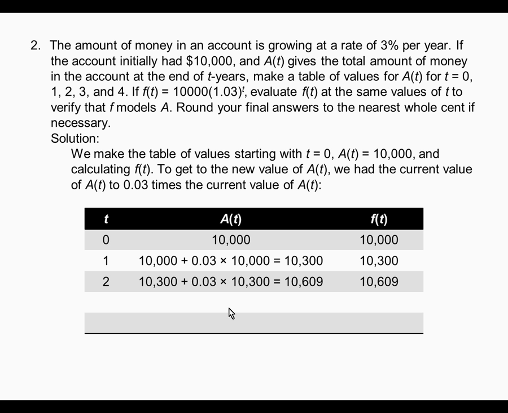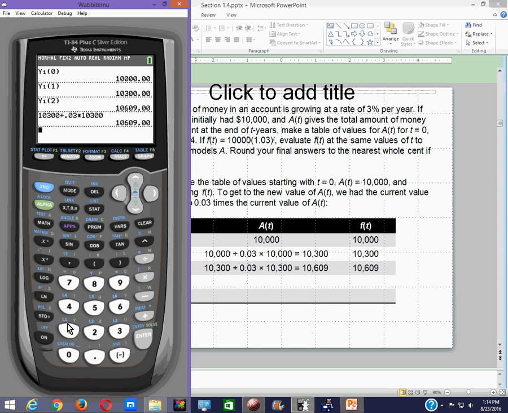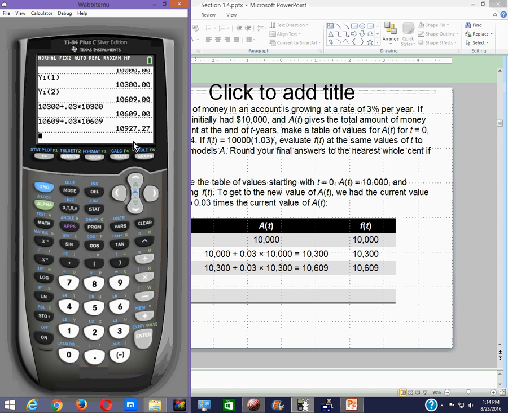Now for t being 3, let's go ahead and do the 10,609 plus 0.03 times 10,609, and that's what A of t is going to be, $10,927.27.